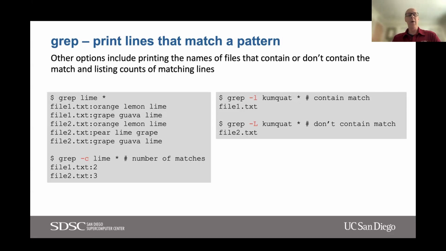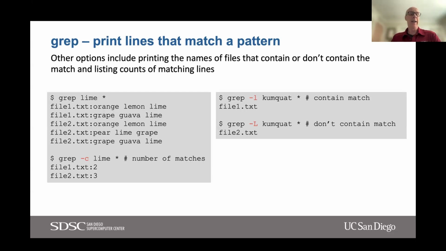We could also use grep to look not just for the matching lines, but for the number of matches and the files that contain a match. So again, let's take a look at the lines from these 2 files, file1.txt and file2.txt, that contain lime. We see that there are 2 lines in file 1, 3 lines in file 2.